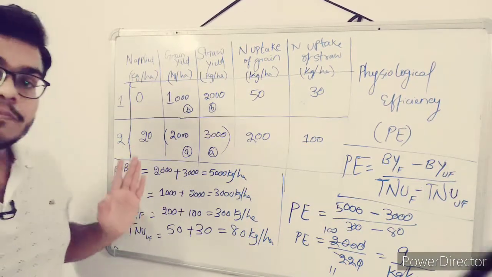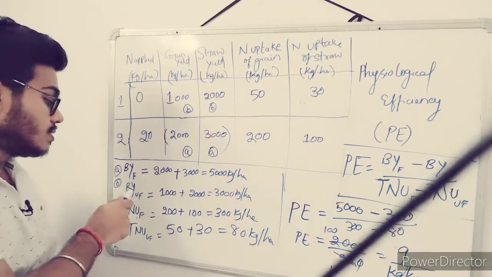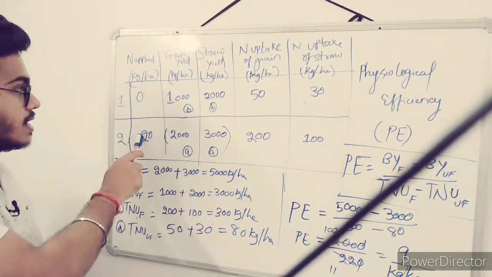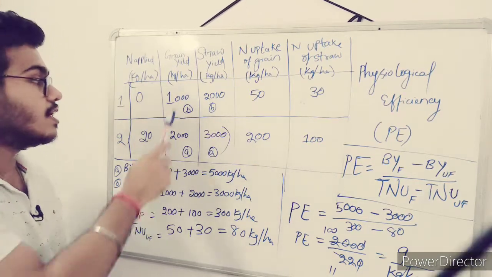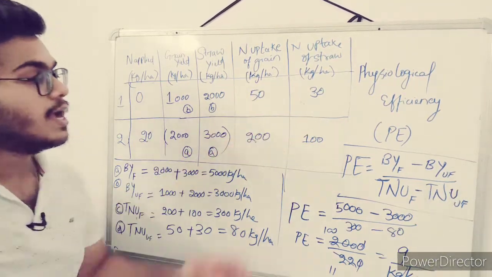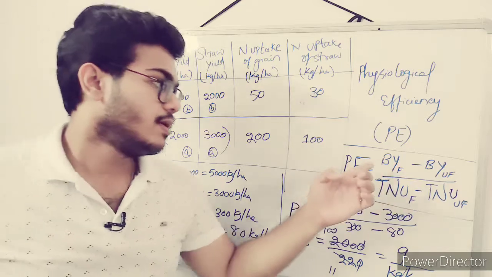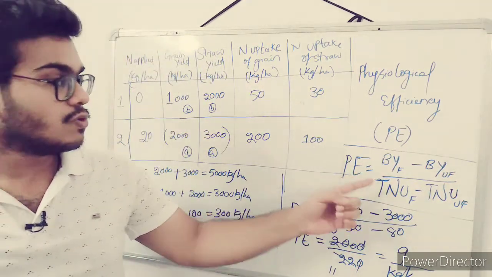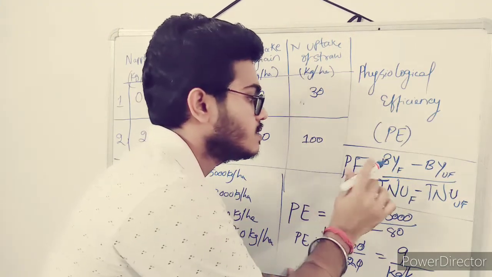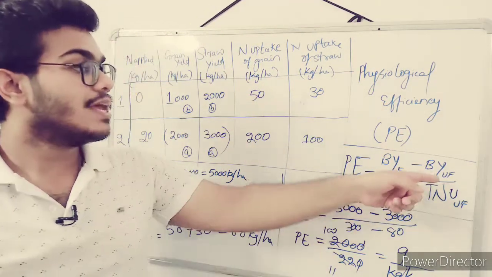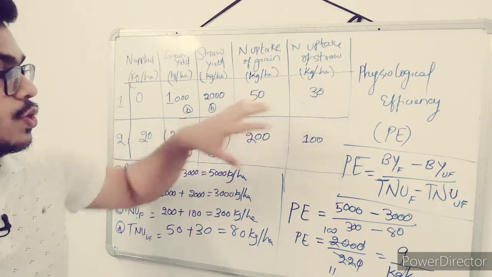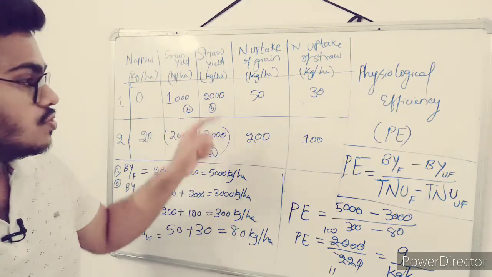First we have to calculate the biological yield of both the fertilized and unfertilized plot, then we have to calculate the nitrogen uptake in the fertilized and unfertilized plot. We have to add it, and then we have to put in this formula where physiological efficiency is equal to the biological yield of the fertilized plot minus the biological yield of the unfertilized plot. This minus this, two minus this two.